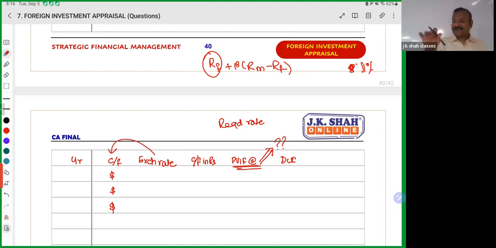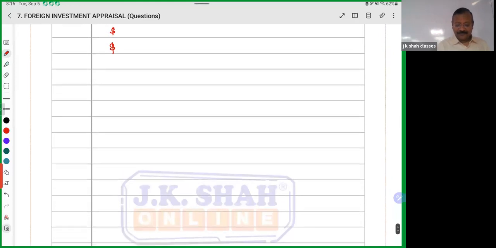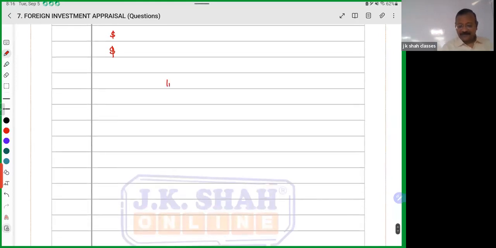Now, having said that, let's say India, risk-free rate is 8%, right? And let us say your required rate of return from a project is 12%. Okay.